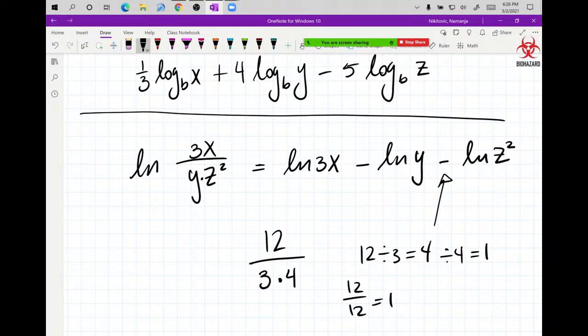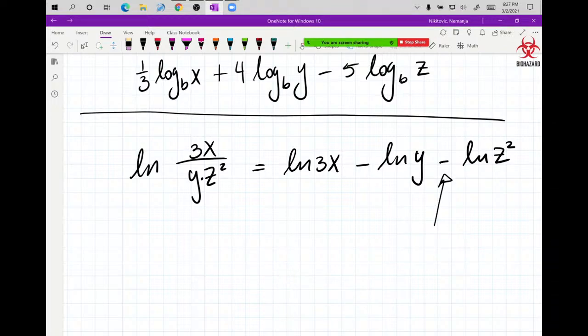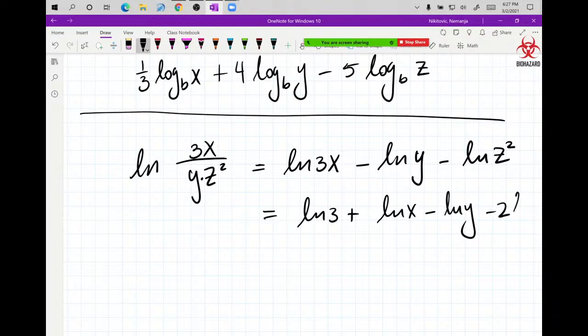So when you have multiple ones in the denominator, each one of them gets its own minus sign. And then if you want to break this apart, like ln 3 plus ln x minus ln y minus 2 ln z.